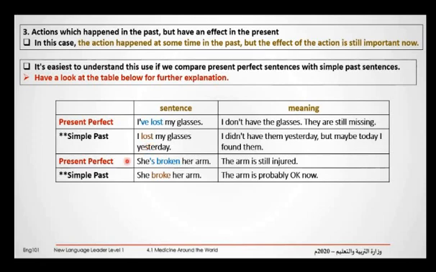The second situation, she's broken her arm, means her arm is still injured or broken. You can see the effect.